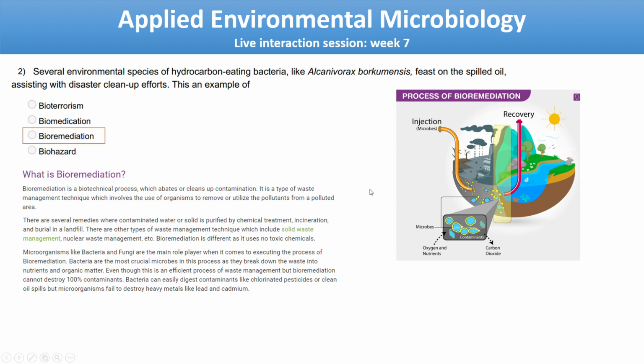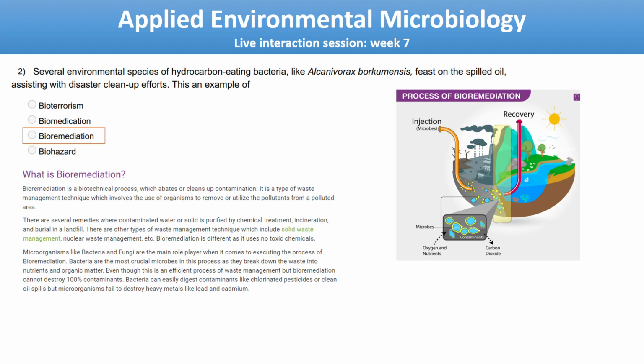Generally there are different kinds of contaminants present in land and water, released from industries. In water we see oil spillage happening. Sometimes industries release toxic water with a high concentration of ions or heavy metal ions in it, and this is where bioremediation comes into play.